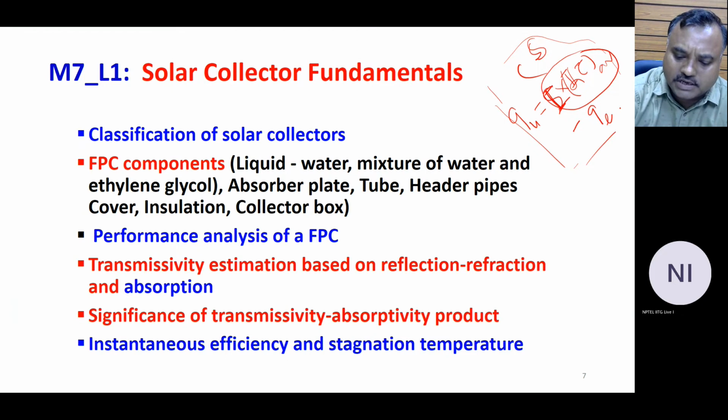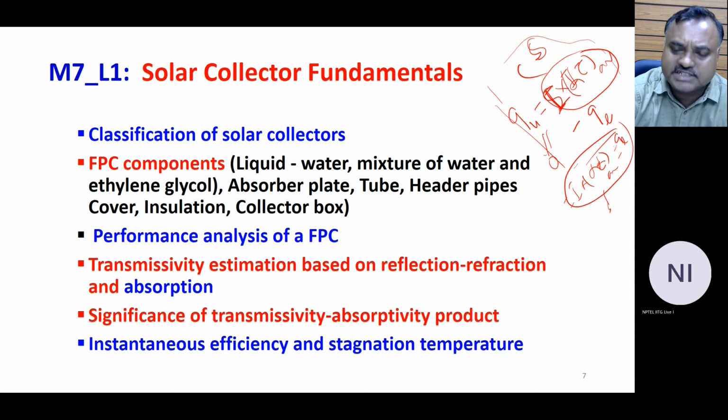Okay, so that means Qu will be 0, and then I multiplied by tau alpha average is equal to QL. So this will be something like this, and this is nothing but S. Okay. So this temperature is very, very important because this is one of the design parameters. Once you know this stagnation temperature, then we can select the appropriate material for the particular application.